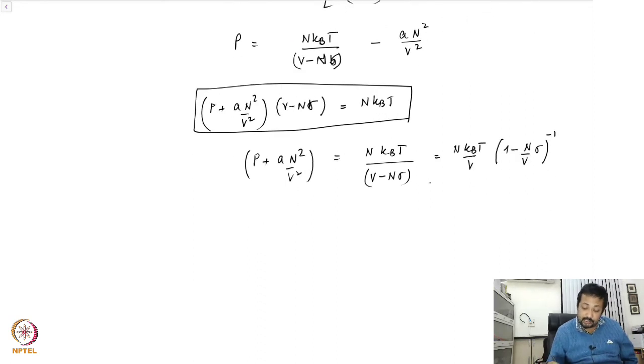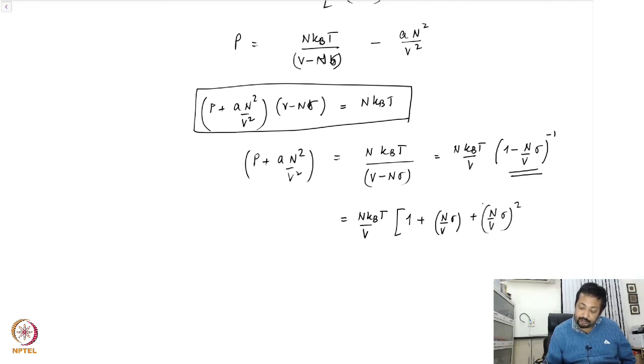Now you clearly see that this quantity is going to be N k_B T over V. I can expand for weak enough density, for very low density, so that this term is 1 plus n by V sigma, plus n by V sigma square, plus higher order terms.